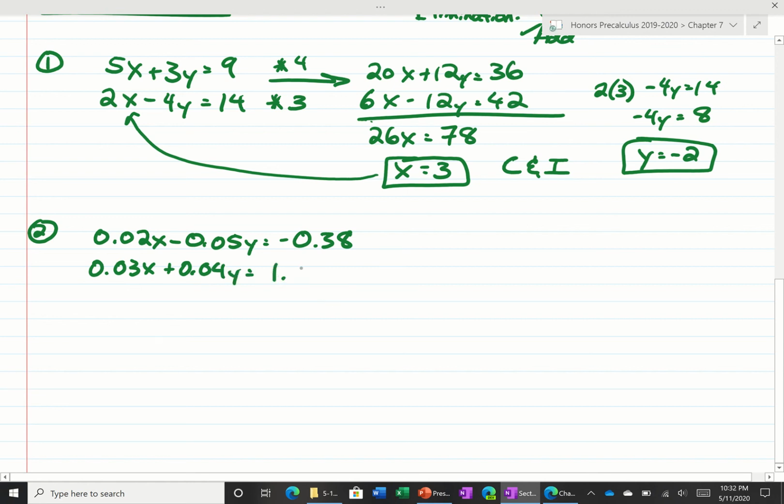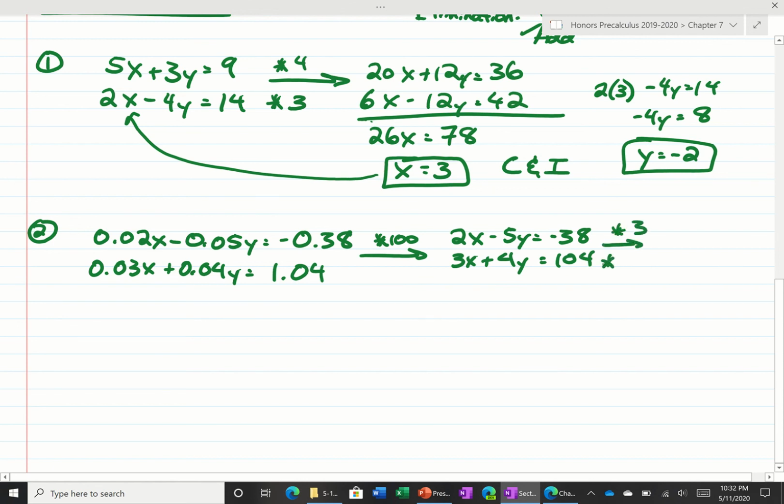Now the decimals do make things a little bit trickier, but if we just multiply everything by 100, we can get rid of all the decimals by moving it 2 places to the right. So this would just be 2x minus 5y is equal to negative 38, and this would be 3x plus 4y is equal to 104.